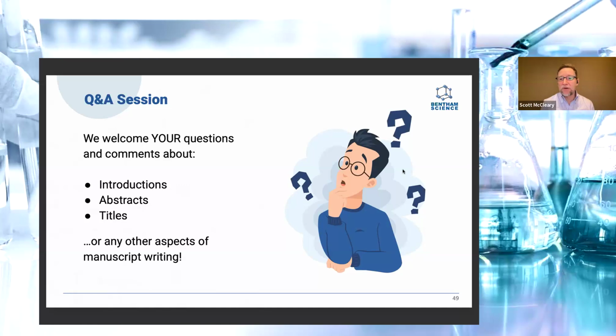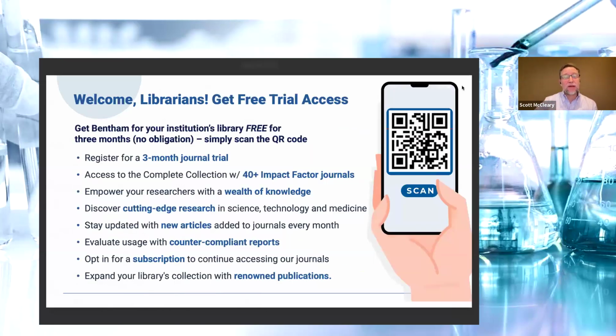Maybe time for just another couple of quick questions. A question that we often get: should we write a manuscript before choosing a journal, or the opposite? Well, we tend to recommend writing the bulk of the manuscript after choosing a journal, don't we, Gareth? And there are some good reasons for that. Absolutely. Having a journal in mind before you begin to write will really help you to structure the paper.